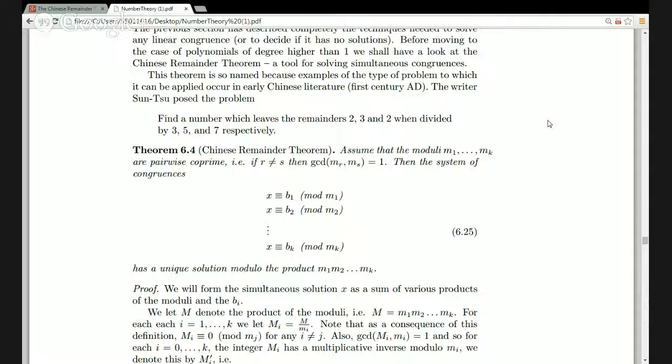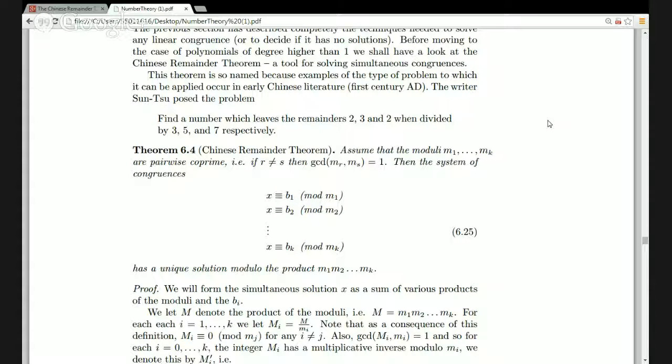So these brackets are very definitely pairwise co-prime. But we're not insisting that these moduli mi be powers of primes, just that this is a natural example of where you encounter a bunch of numbers being pairwise co-prime in the canonical form.